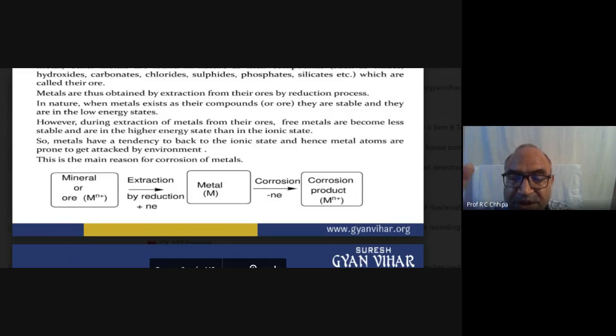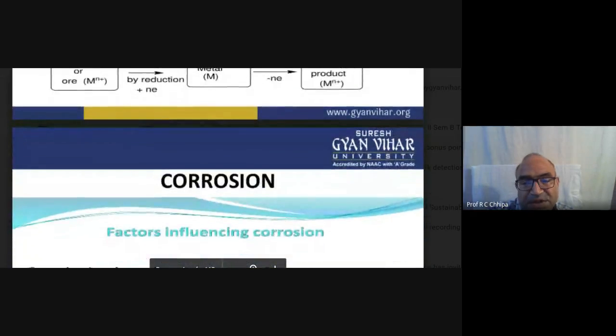Other metals may be a window, an iron window or an aluminum window, but we have to protect that particular aluminum, that particular iron. So those are some other protection against corrosion. Now we can say iron has a lot of significance in this case. So we get the corrosion.